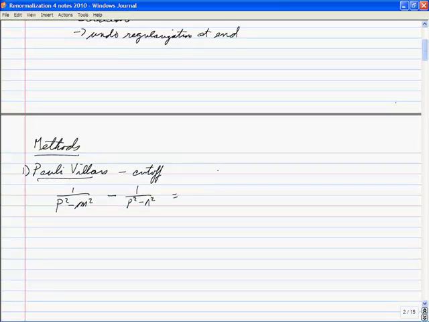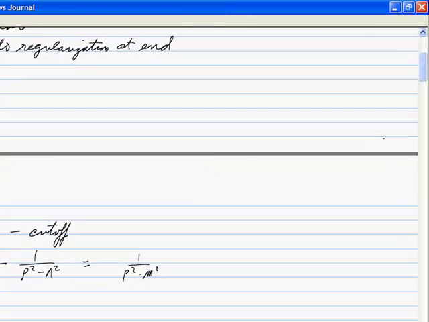If I rationalize that, that's 1 over p squared minus m squared, and then minus lambda squared over p squared minus lambda squared. Technically it's m squared minus lambda squared, but that's very small.